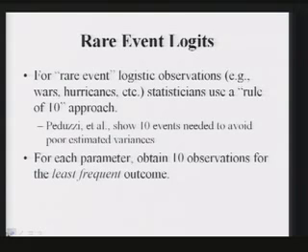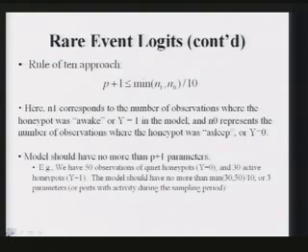essentially says that suppose you have a lot of observations, and these are rare activities that you want to explain. The rule of thumb means that for each parameter you want at least 10 observations for the least frequent value. That's too abstract, so let's use an example. Suppose I have 50 observations of quiet honeypots, meaning y equals 0, where the honeypot doesn't send out any traffic, and 30 active observations, where the honeypot sends out traffic.